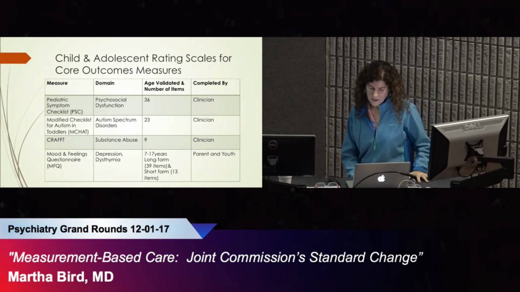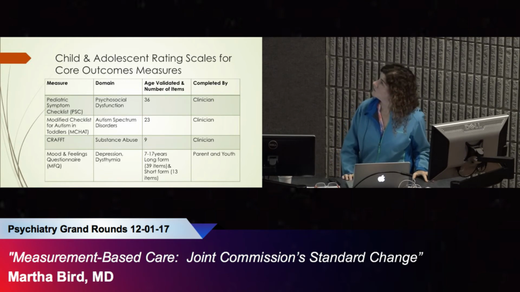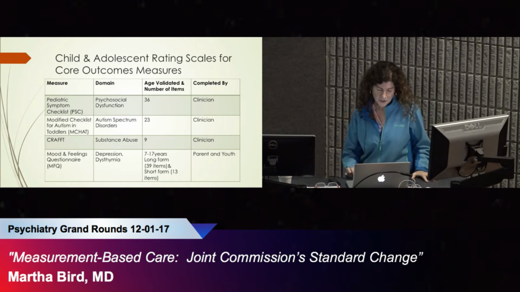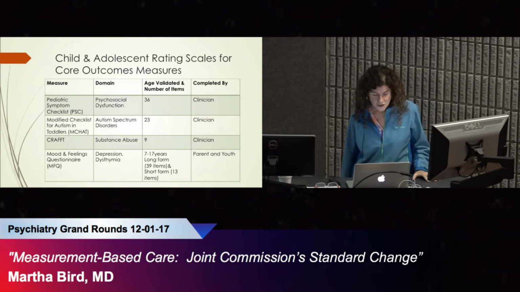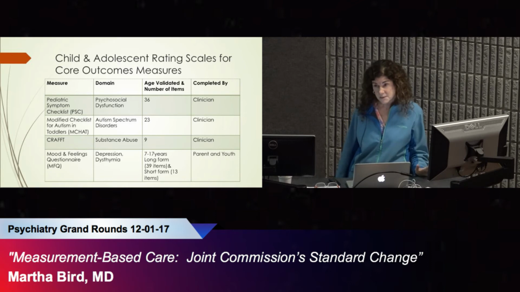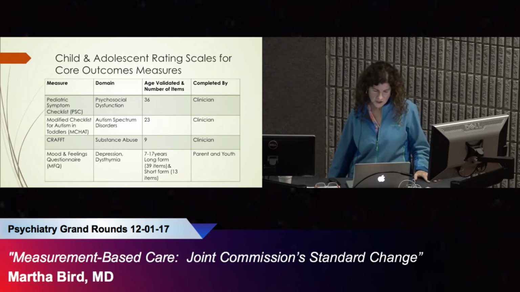So there's the Pediatric Symptom Checklist. It's a psychosocial dysfunction scale, and it's clinician completed. The Modified Checklist for Autism in Toddlers, also called the M-CHAT, and it looks for autism spectrum disorders, clinician completed.